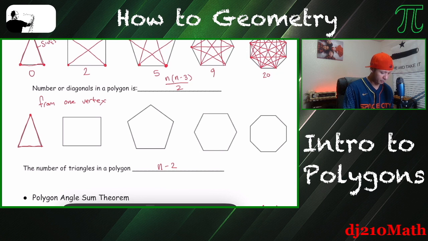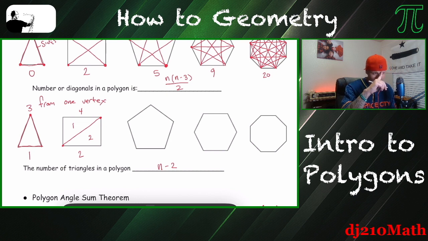So we're relating the sides to the number of triangles. 3 sides makes 1 triangle. A quadrilateral, from vertex to vertex, a 4-sided shape, can make 2 triangles, right? 1, 2.